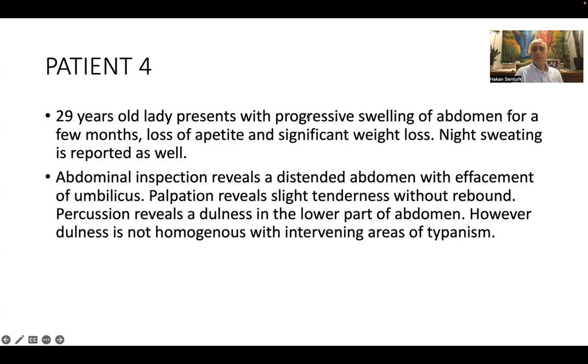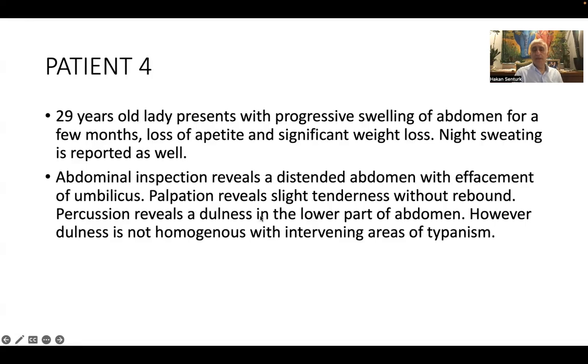A 29-year-old lady presents with progressive swelling of abdomen for a few months, loss of appetite and significant weight loss. Night sweating is reported as well. Abdominal inspection reveals a distended abdomen with effacement of umbilicus, so it is pointing towards ascites. Palpation reveals slight tenderness without rebound.